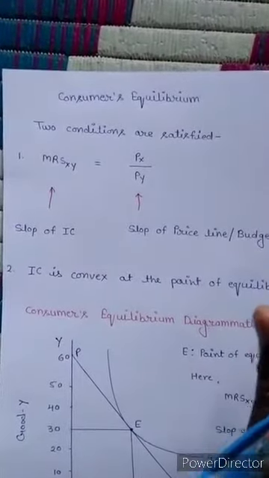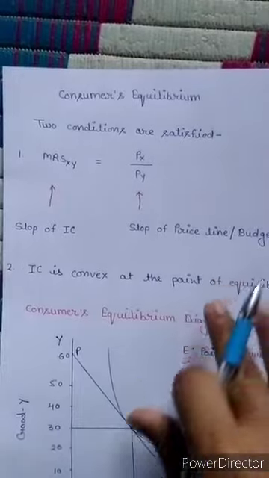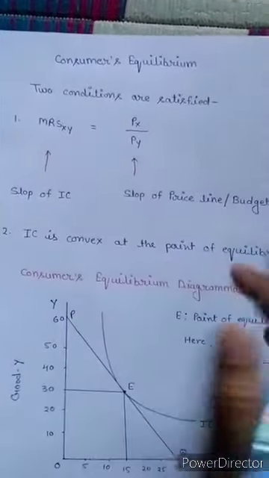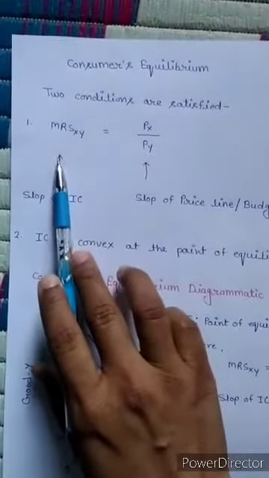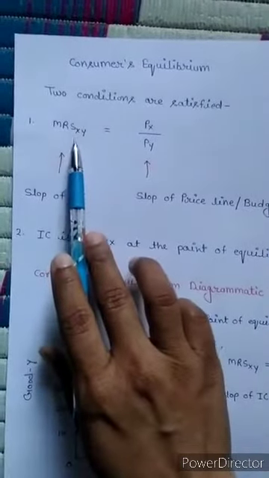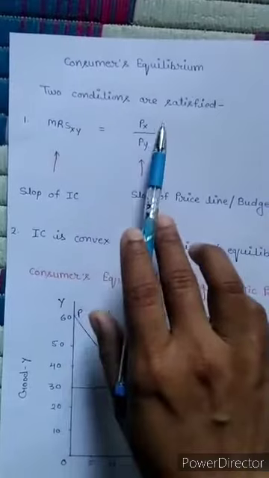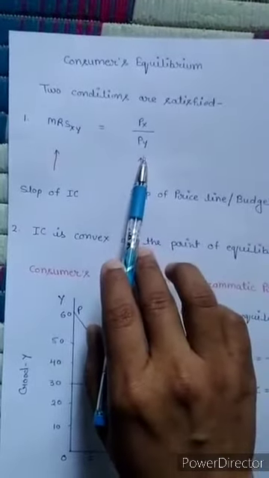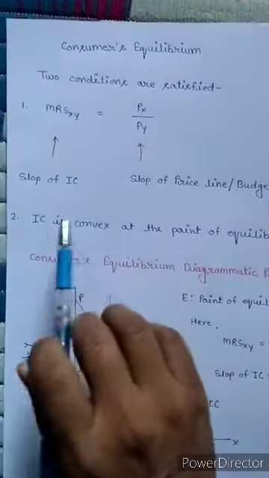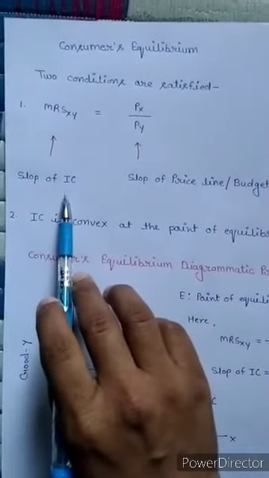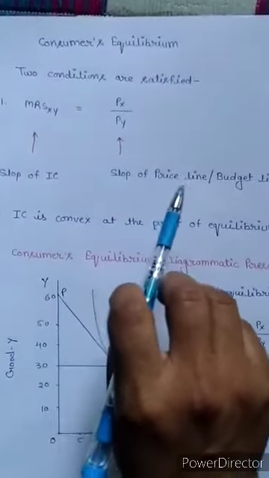Here there are two conditions of consumer equilibrium when the consumer gets maximum satisfaction. The first condition is that the marginal rate of substitution of X for Y is equal to Px upon Py, meaning the slope of the IC is equal to the slope of the price line.